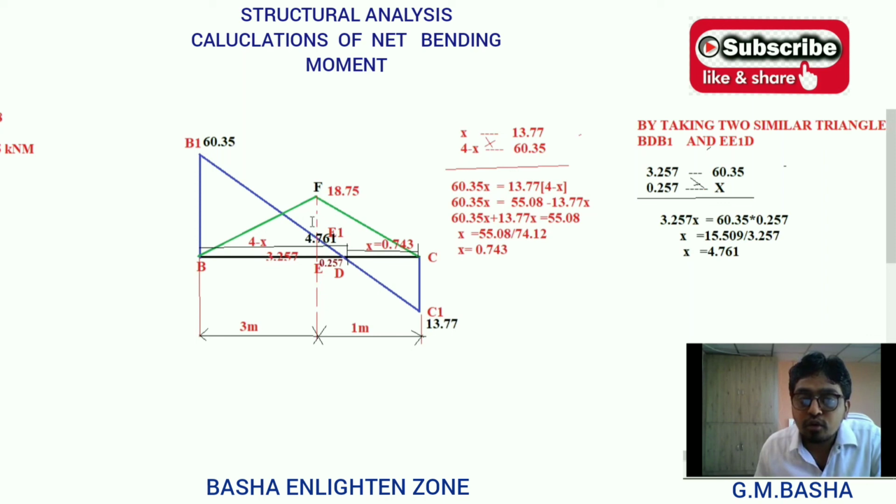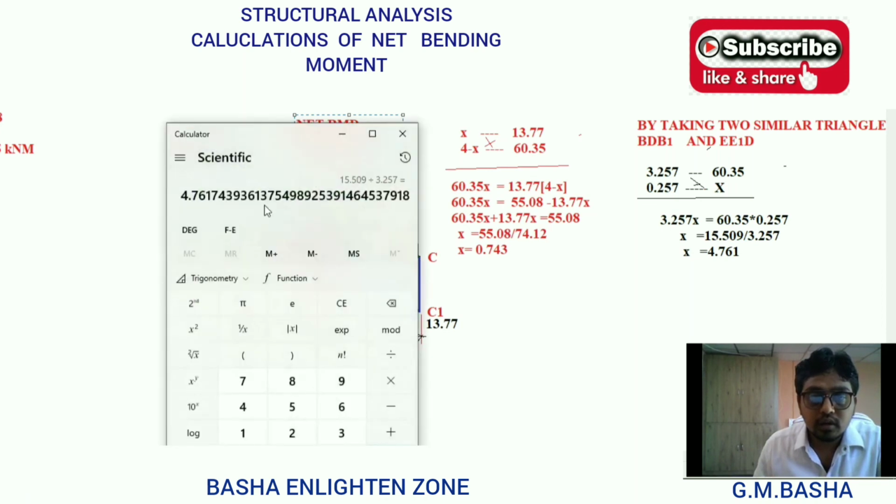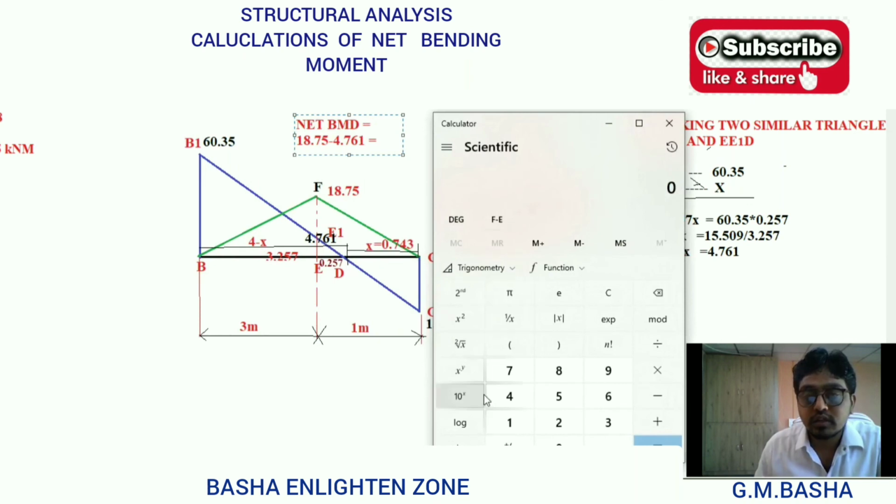So net BMD for that particular span will be equal to 18.75 minus 4.761, that is 13.98, approximately 14.